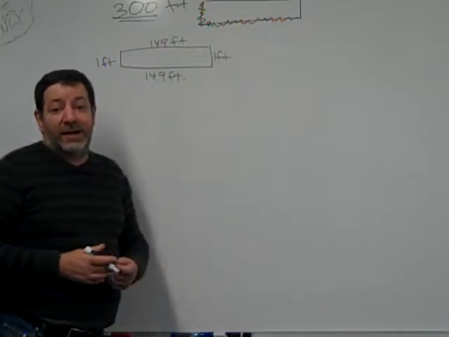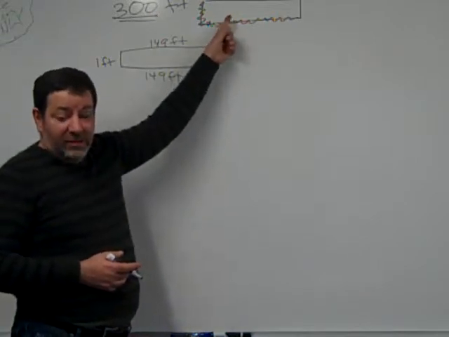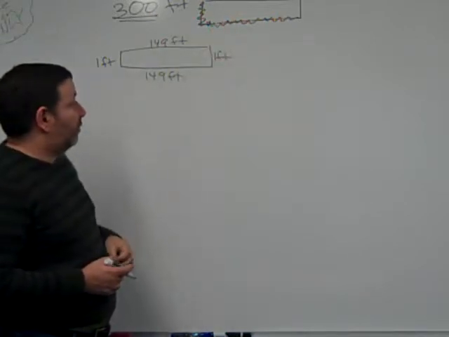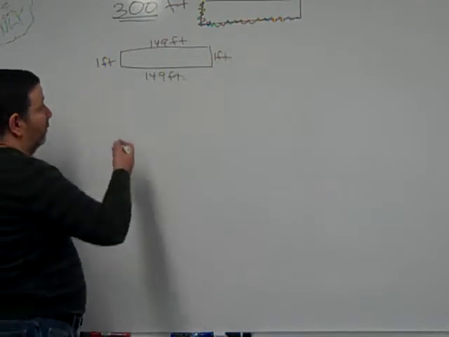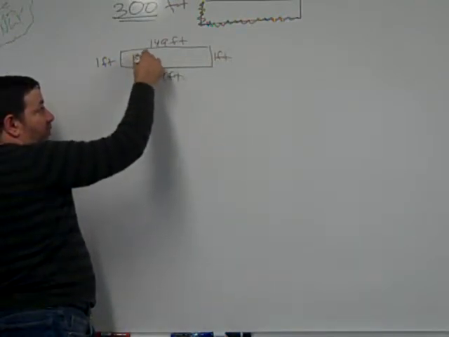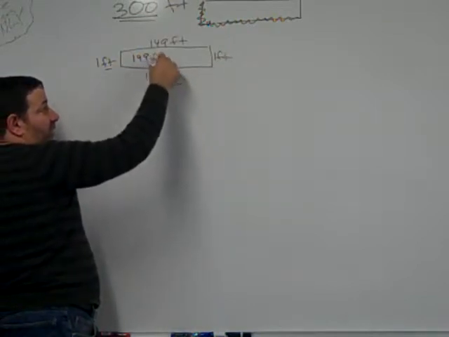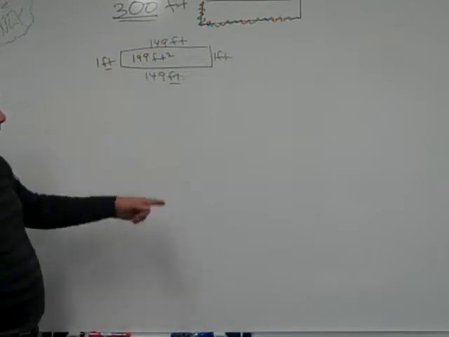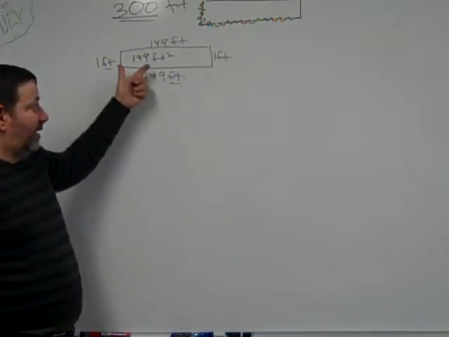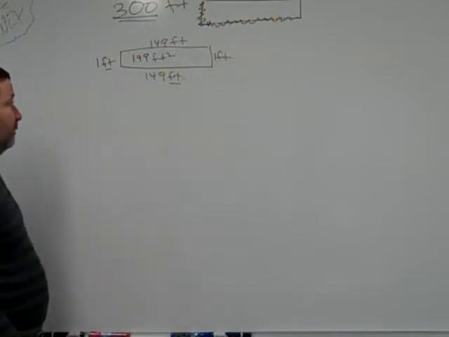And then we'll figure out the dimensions that we should build a rectangular dog pen so we get the largest area. 1 foot by 149. Well, 1 times 149 is 149. Feet times feet is feet squared. So this dimension dog pen will give us 149 square feet.